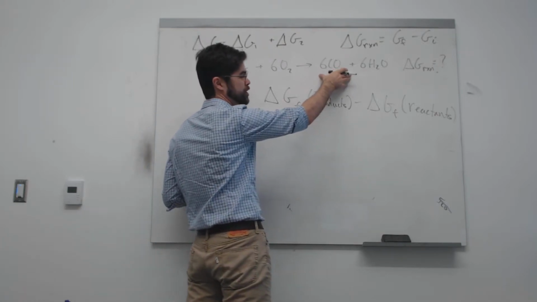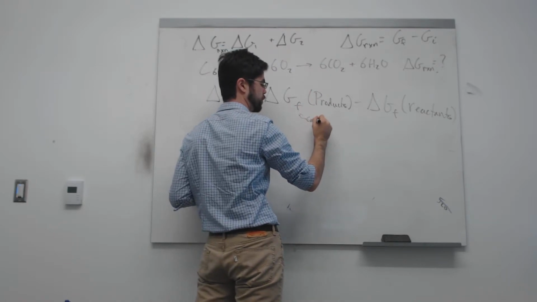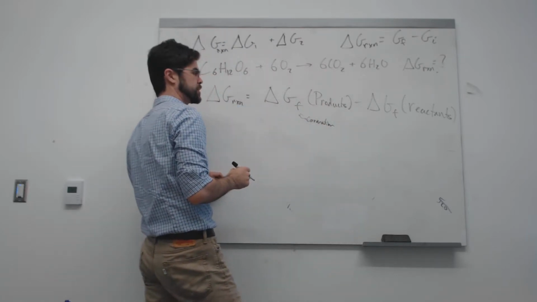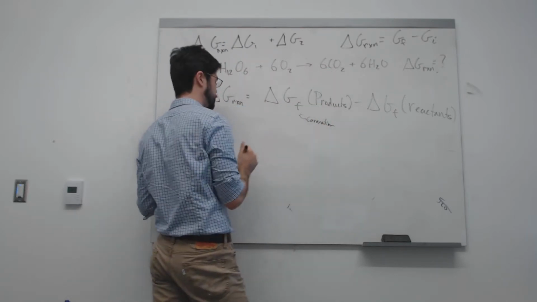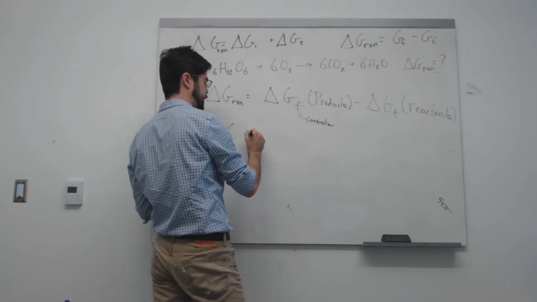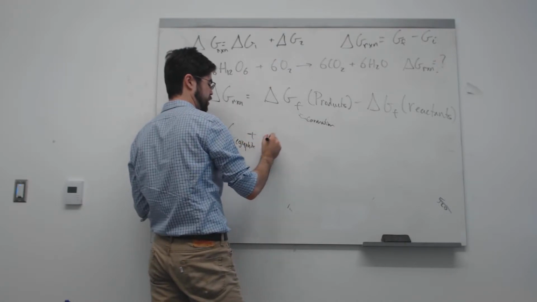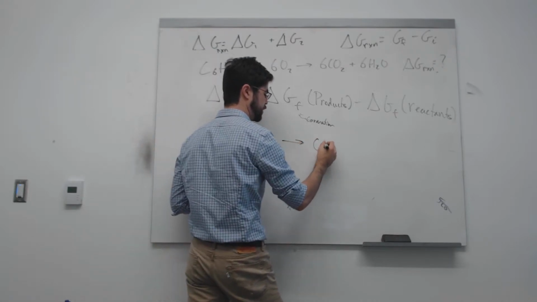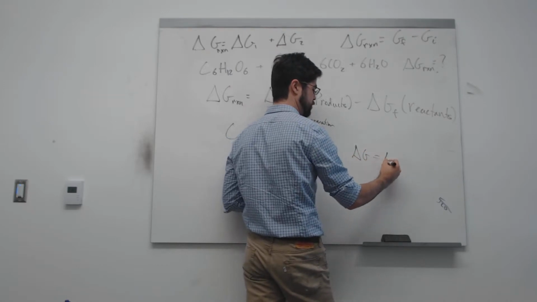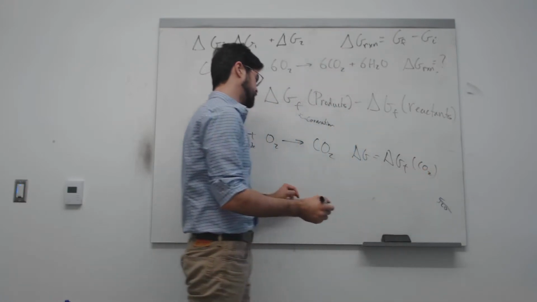So how much free energy, for instance, do you get when you form 6 carbon dioxide molecules? Or just when you form carbon dioxide molecules. So I would say, if I wanted to form carbon dioxide, I would take carbon, probably in the form of graphite, react it with oxygen, that will give me carbon dioxide, and the free energy change for this reaction we will call the free energy of formation of carbon dioxide.